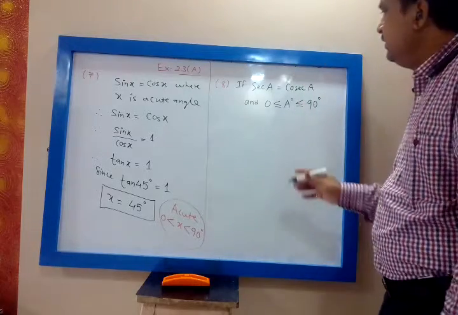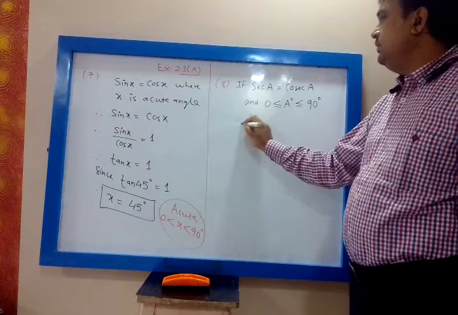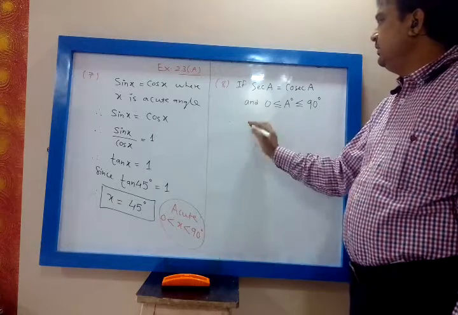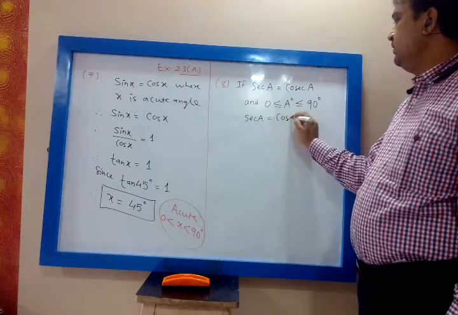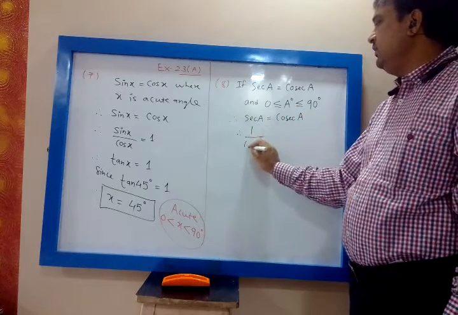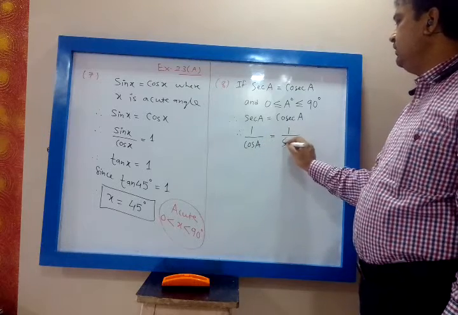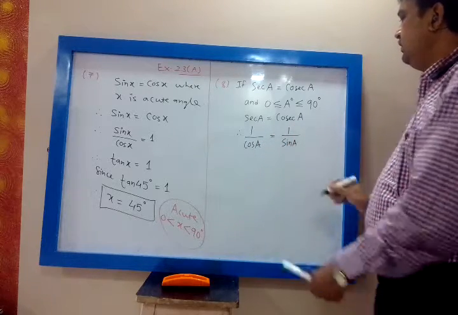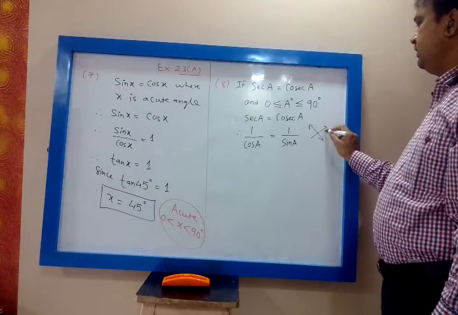Chalo. So what is sec A? Sec A is the reciprocal of cos A. Let me write: sec A is equal to cosec A. So go by the definition. Sec A is 1 upon cos A. Cosec A is 1 upon sin A. Now simplify this, cross multiply.